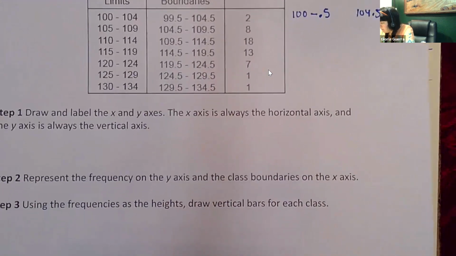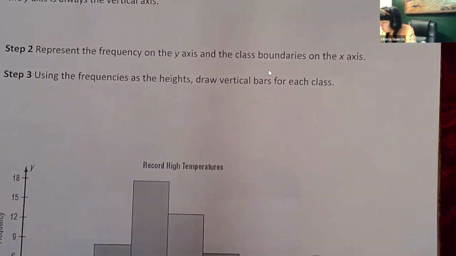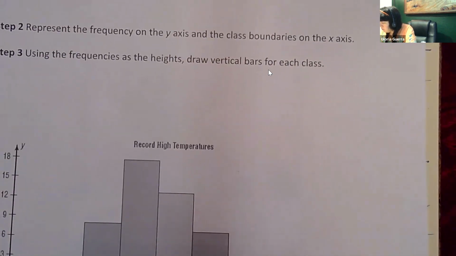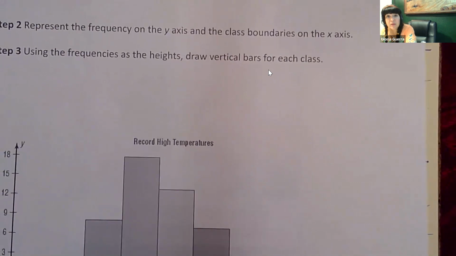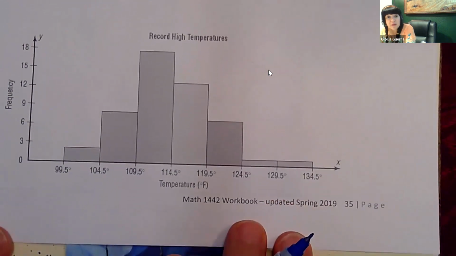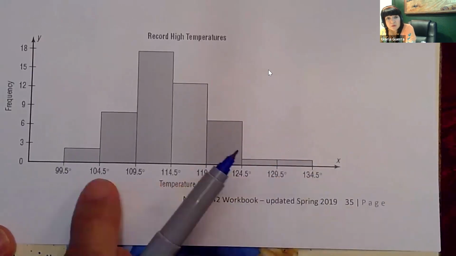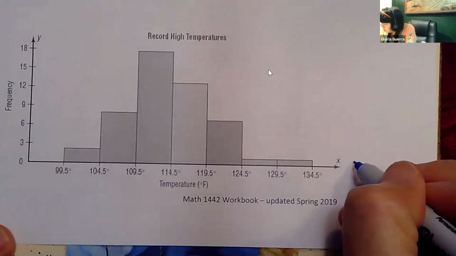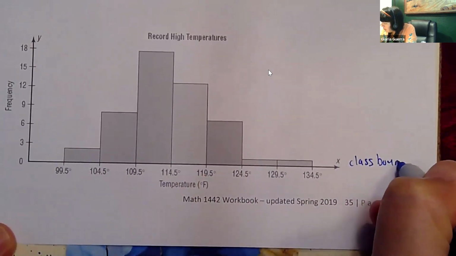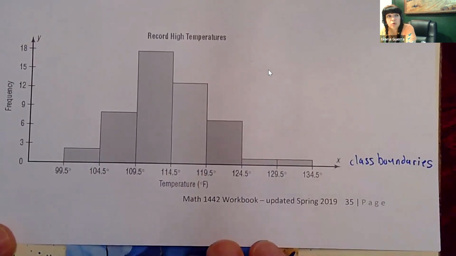And then you label the X and Y axis. The X axis is always the horizontal axis, and the y-axis is always the vertical axis. So you see how they've already got these numbered here. Here's your vertical axis. So these are the class boundaries, not the class limits. On the computer, they'll make some good distractors.